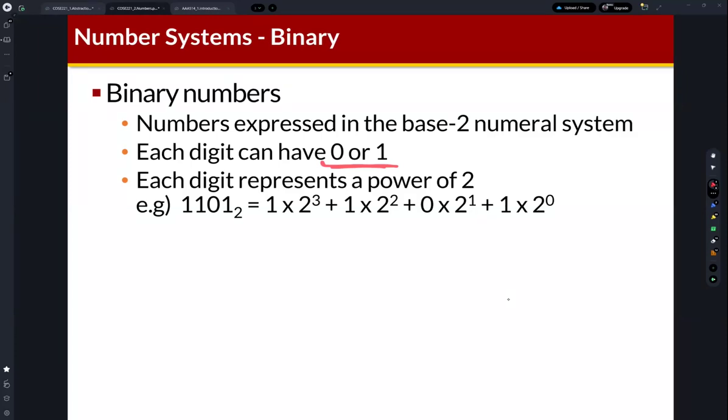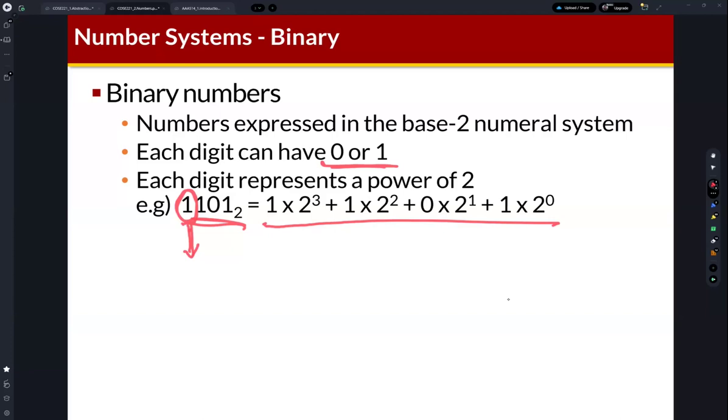As in the previous example of a decimal number, this binary number can be represented like this. This is the magnitude of the binary number 1101. And like a decimal number, the magnitude of each digit is equivalent to a power of 2, because 2 is the base of a binary number system.